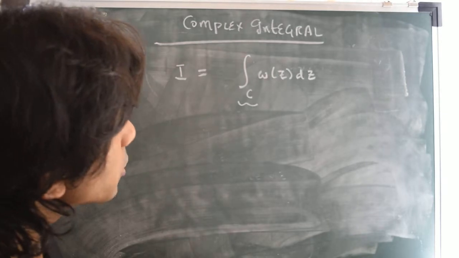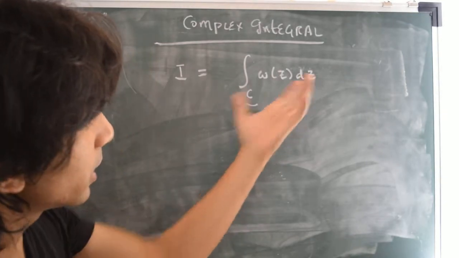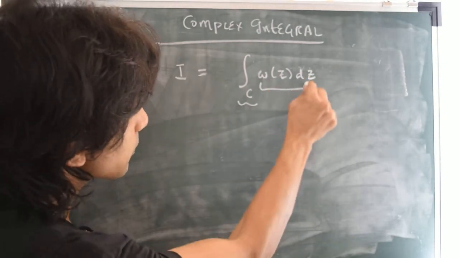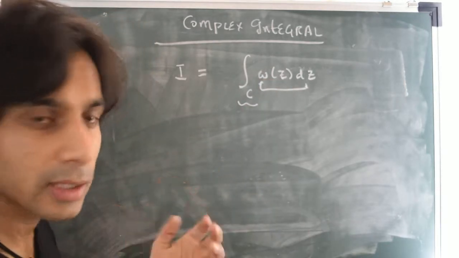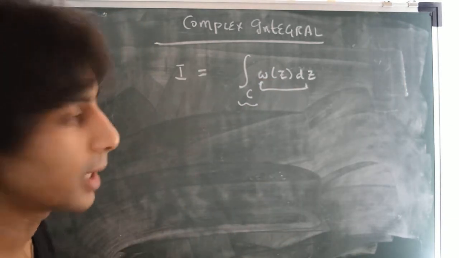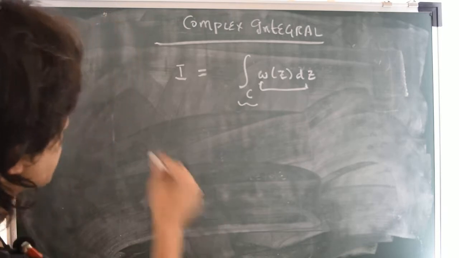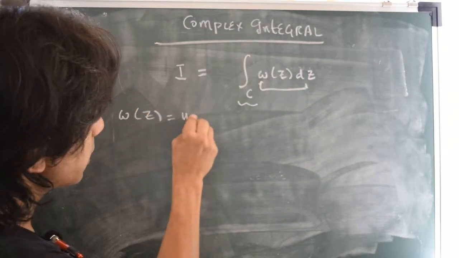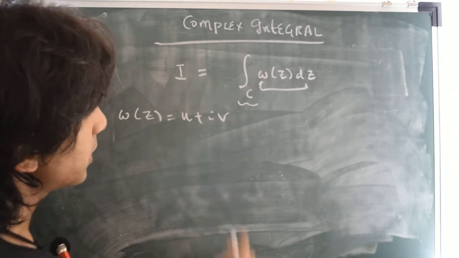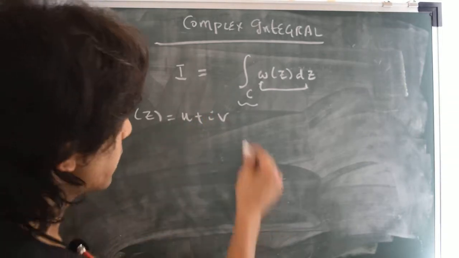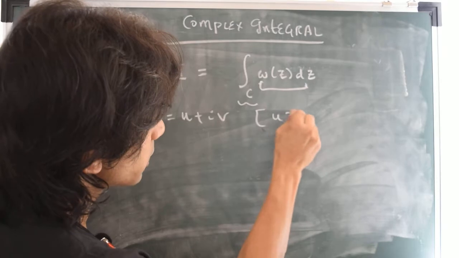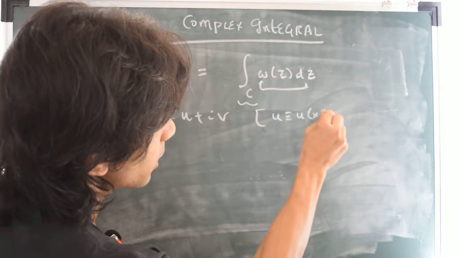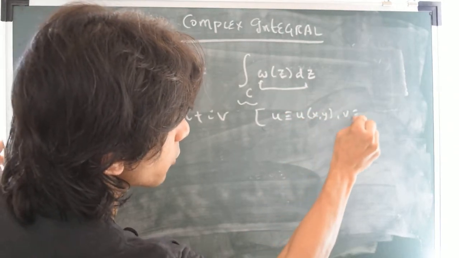So let's do one thing. Let's begin with this integrand here and just evaluate it and see what form it takes. What does it mean to evaluate it? Well, we know that the complex function w(z) has a real part and an imaginary part, so we can write it as u plus iv, where u and v are both functions of x and y.